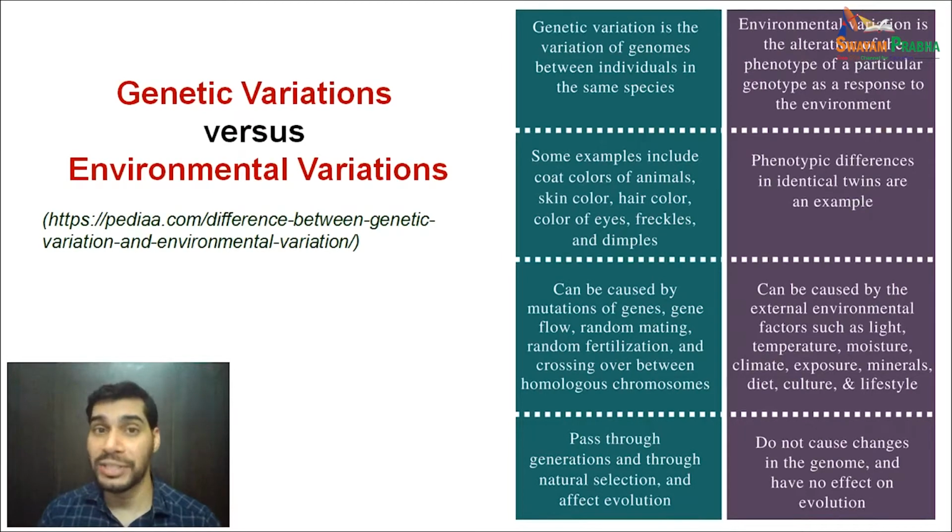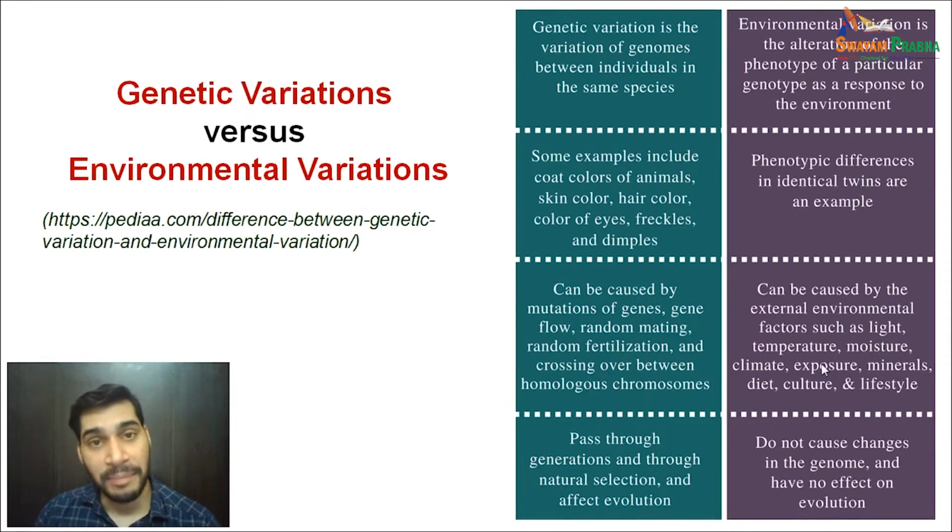Though these twins have the same genetic composition or genotype, they show phenotypic variations which exist because of environmental variations. Genetic variations can be caused by mutation of genes, gene flow, random mating, random fertilization, crossing over, and so on. Whereas environmental variations are caused mainly by external environmental factors.